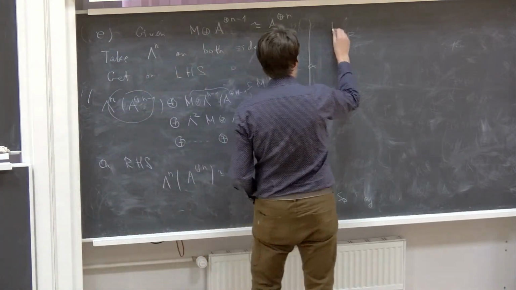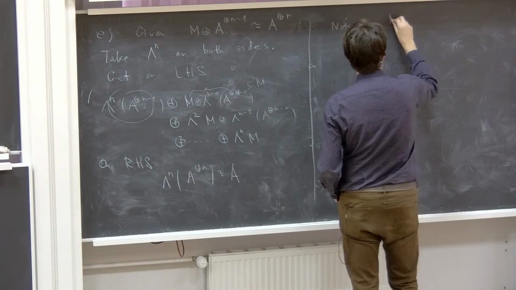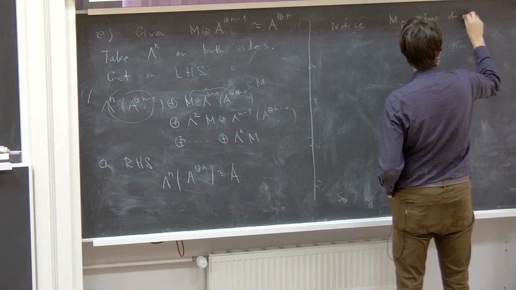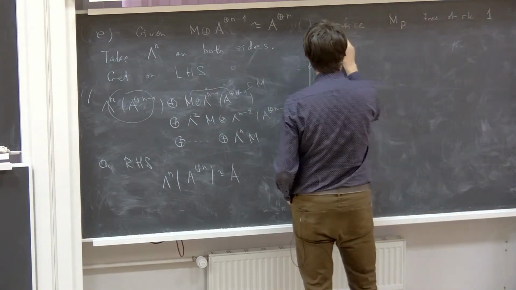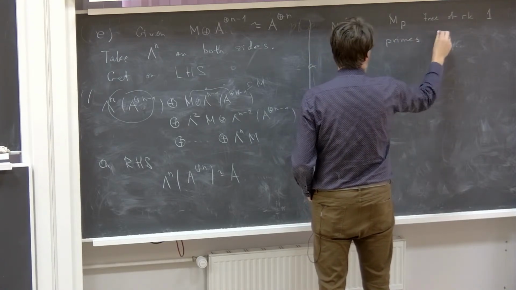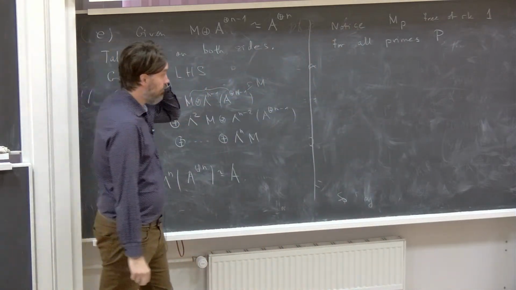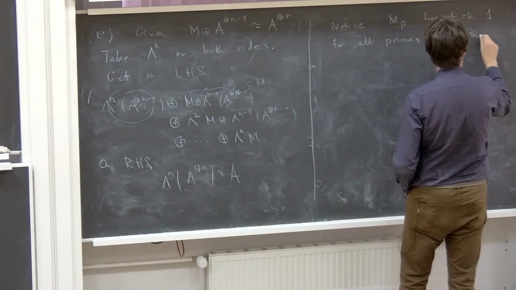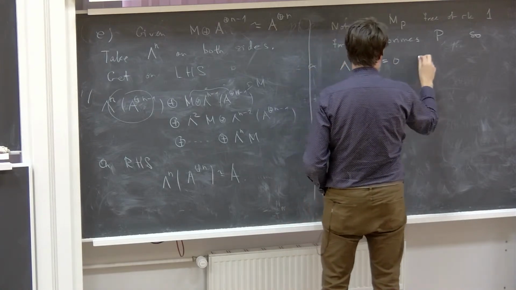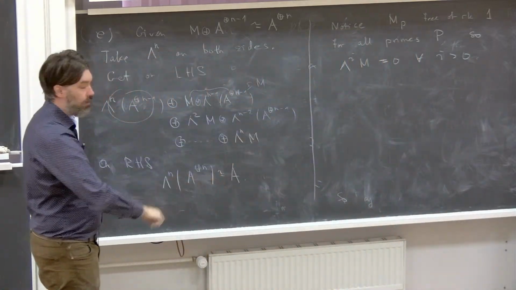So notice that M_P is free of rank 1 for all primes P. And so the higher wedge powers of M will vanish, because they will vanish in the localization.